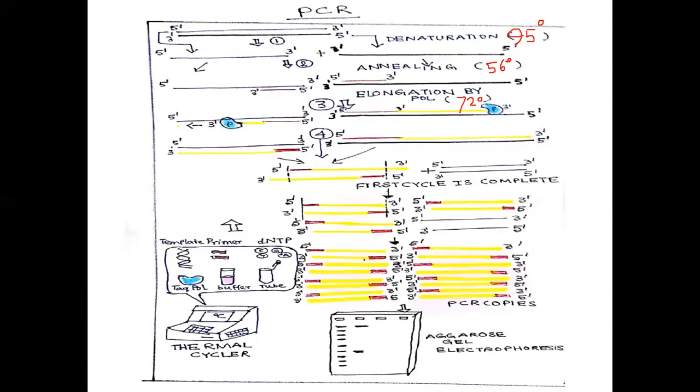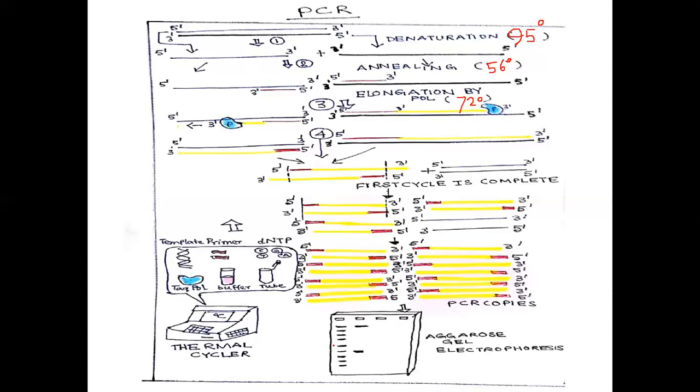Now, how do we identify whether my PCR is successful and I have got my desired DNA fragments? To identify that, we can perform agarose gel electrophoresis, because the base pair length of the targeted region is known to us.